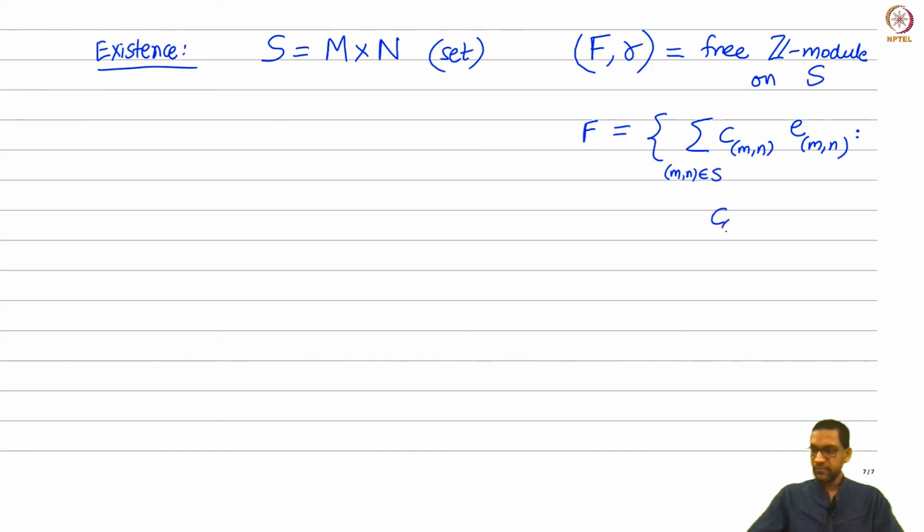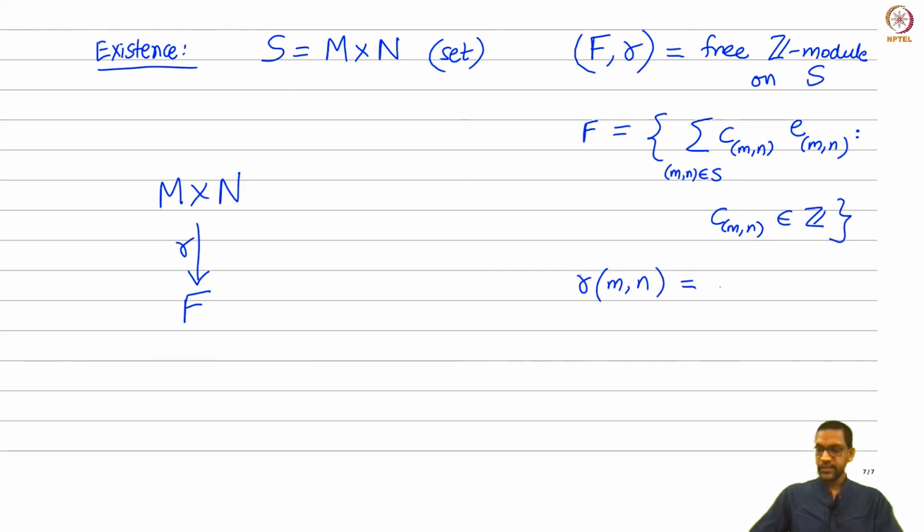And I am only taking the free Z module, so the c_mn are still elements of Z. Any element of F can be written uniquely in this manner, and we also have this map gamma from M cross N to F. What does gamma do? Gamma just takes the ordered pair m comma n and sends it to that particular indicator function, as we called it, e sub mn.